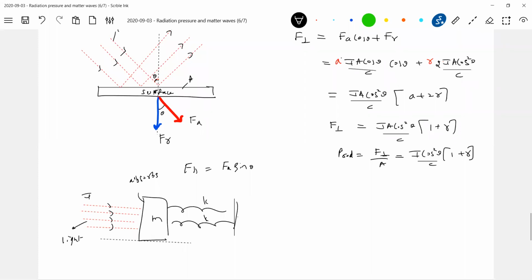This will absorb. So I think you can apply the formula. 2kx should be equal to radiation pressure into area. What is the radiation pressure when it completely absorbs? I by C. So the compression of the spring is IA by 2kc.